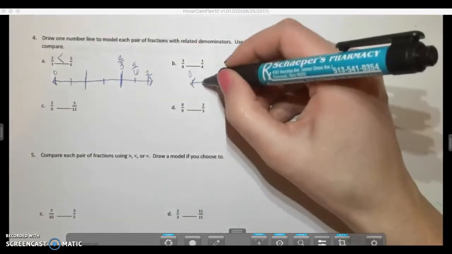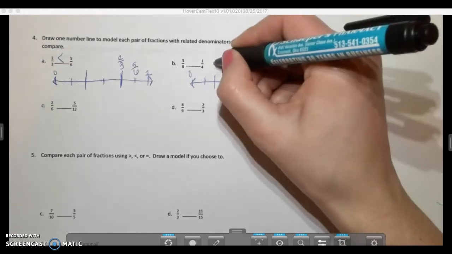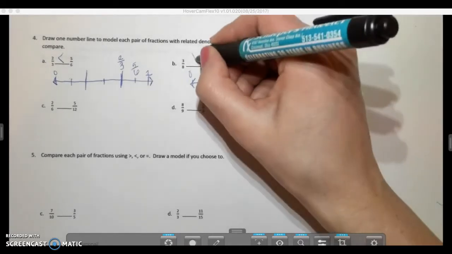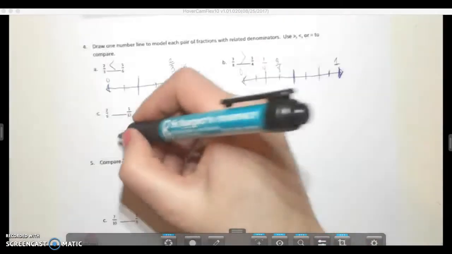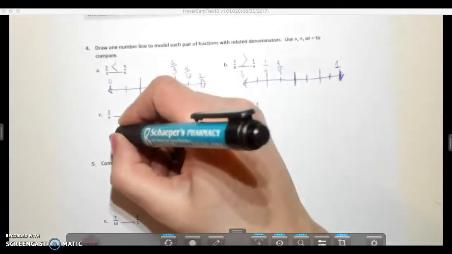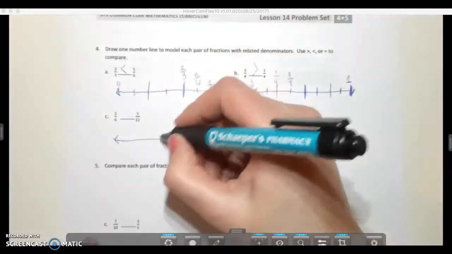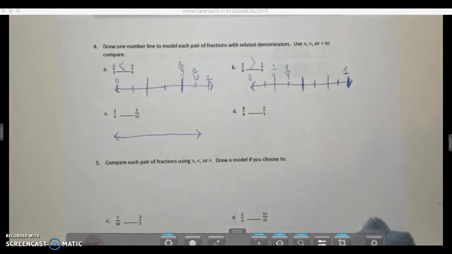So plot 3/8. 1, 2, 3. And 1/4 goes here. So 3/8 is greater than 1/4. Move down to C. I'm splitting this into 6ths.